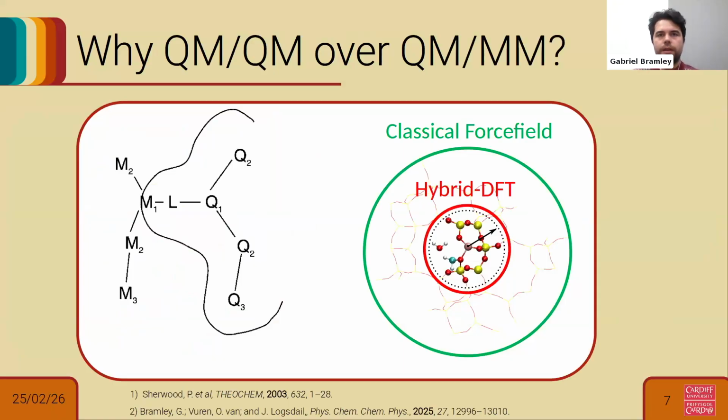So a lot of the errors that come from QM-MM come down to the interface region between your QM and MM regions. And this is largely an artifact of the fact that you're describing two regions of a system in close contact with each other with fundamentally different physics.